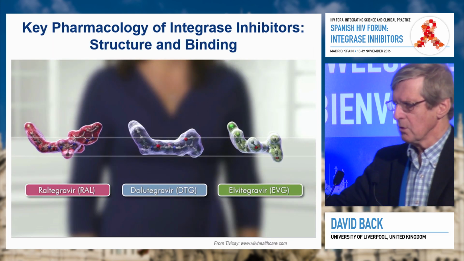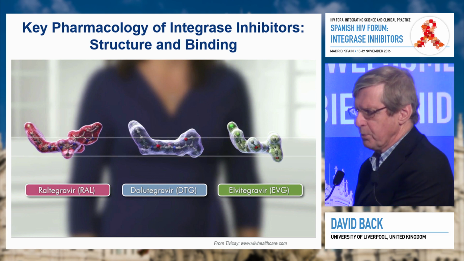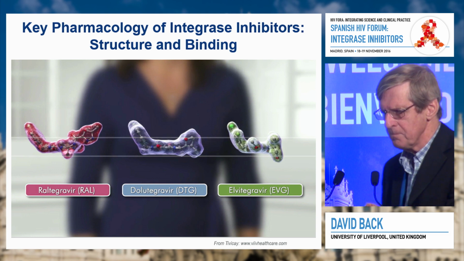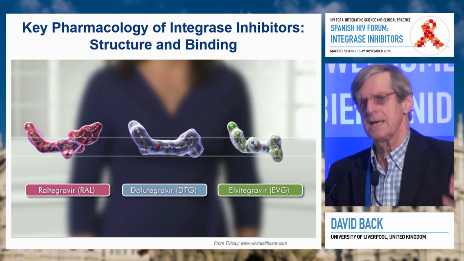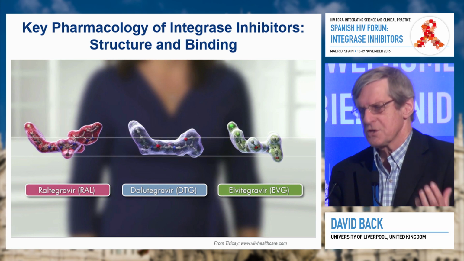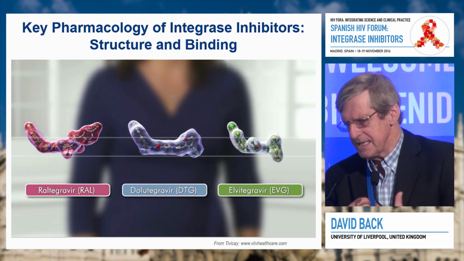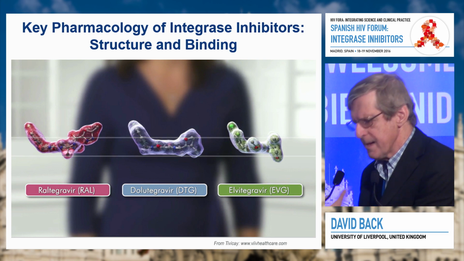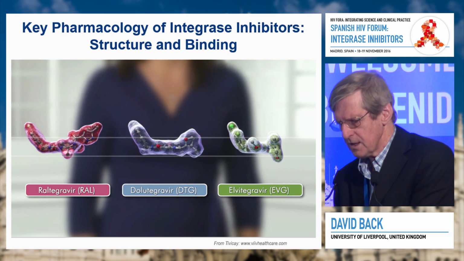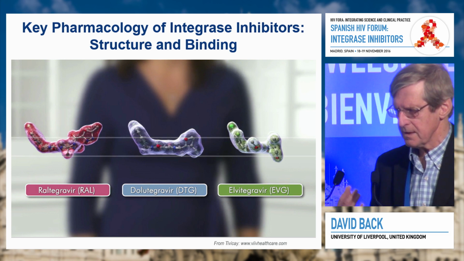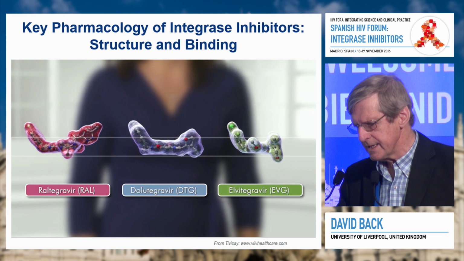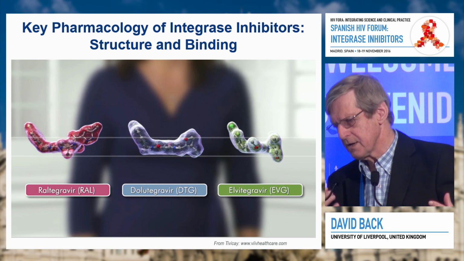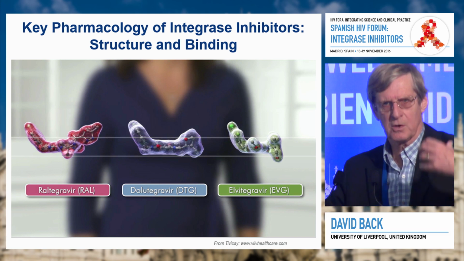And we've known also, and this just reinforces the point that we discussed before, that although they're in the same class, they've got a different structure. And this is just another diagrammatic representation of the structure of raltegravir, dolutegravir being more linear, and elvitegravir and raltegravir being slightly more bulky.